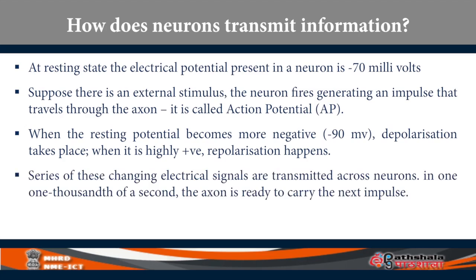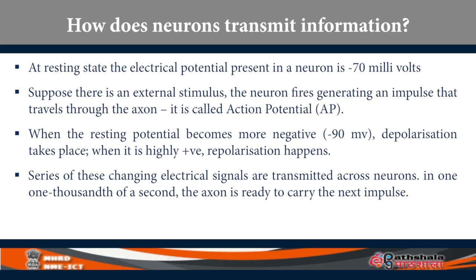So a series of depolarizations and repolarizations is what you mean when you say neural impulse is transmitted; it is this changing electrical signals which pass through the axon from one neuron to another neuron. The axon is ready to carry the next impulse within 1,000th of a second, that fast.